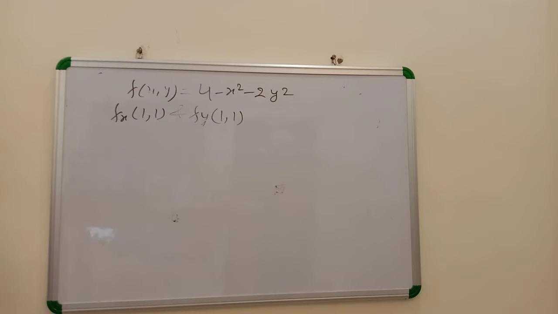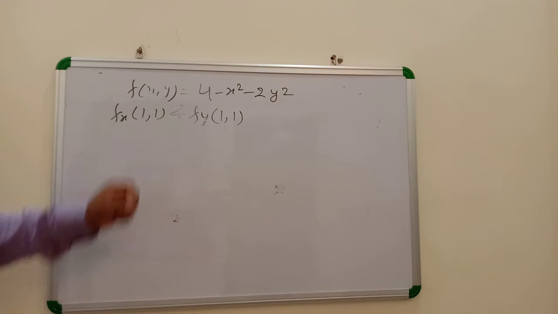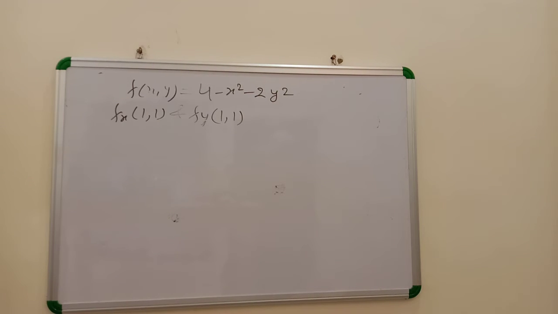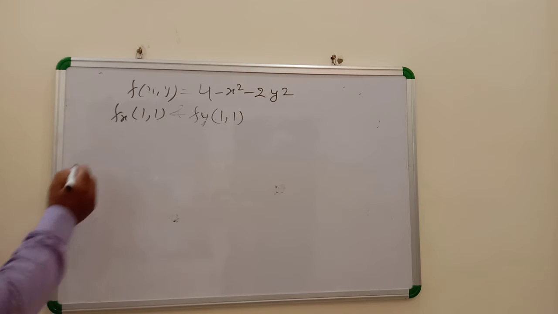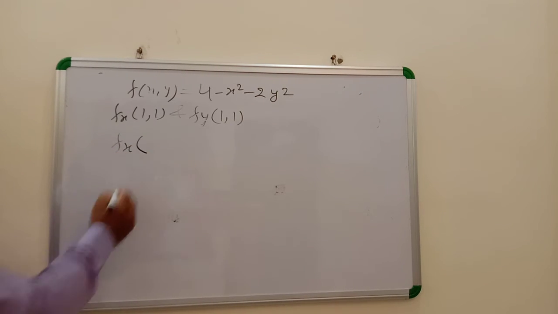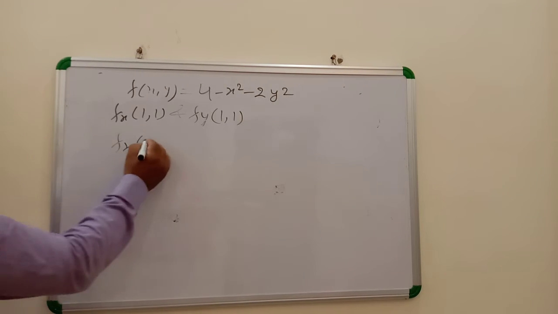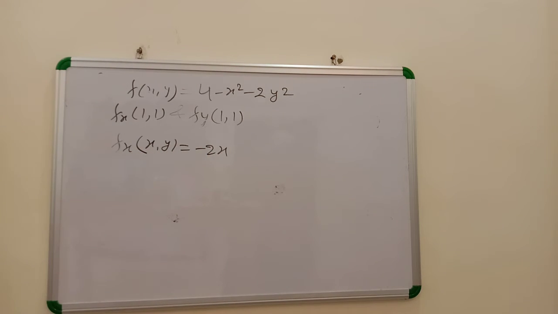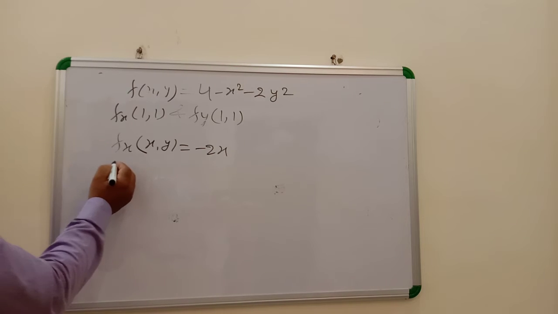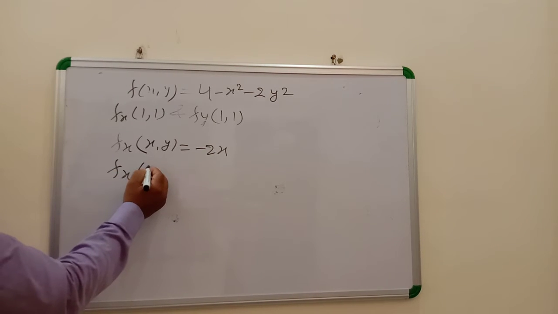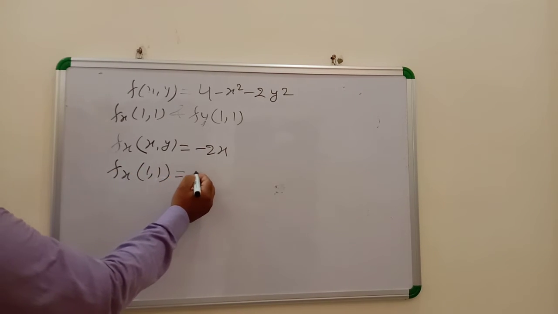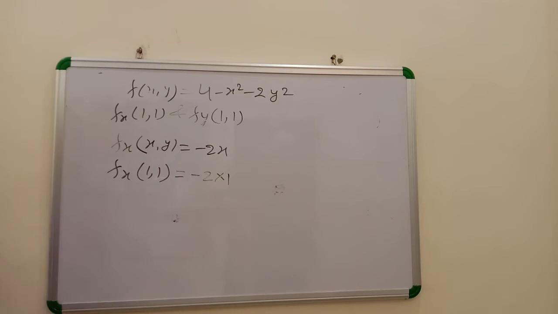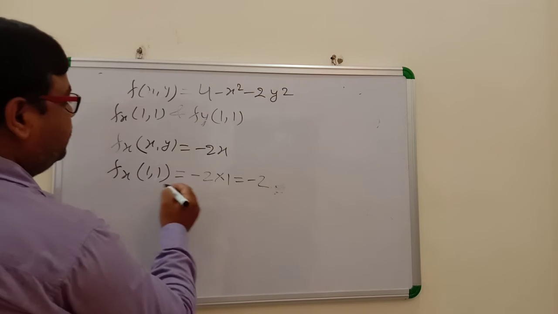We have to find f_x(1,1): differentiate this function with respect to x, treating y as a constant. That is f_x(x,y) equal to minus 2x, and put the value at x equal to 1, y equal to 1, that is minus 2 into 1, that is minus 2.